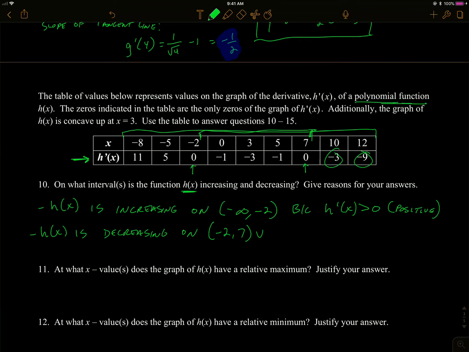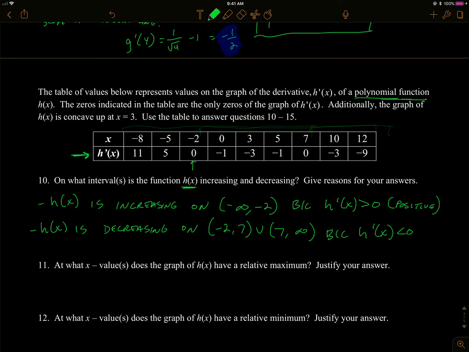These are all negative from 7 to infinity. So we're also going to say from 7 to infinity, because that's where the derivative is negative.